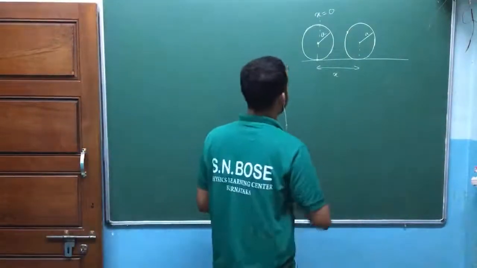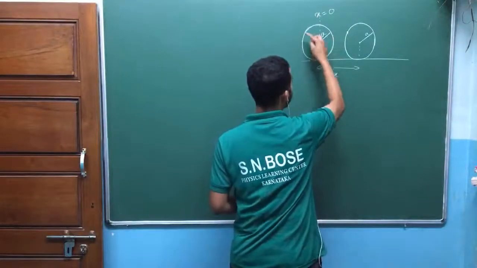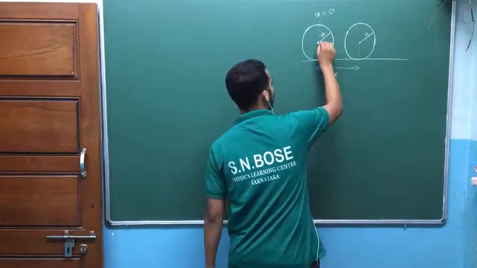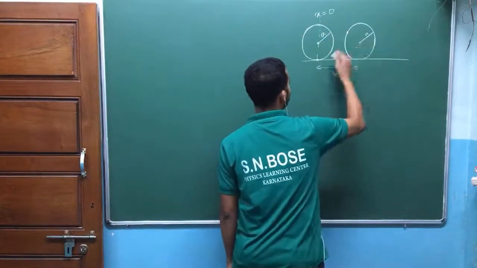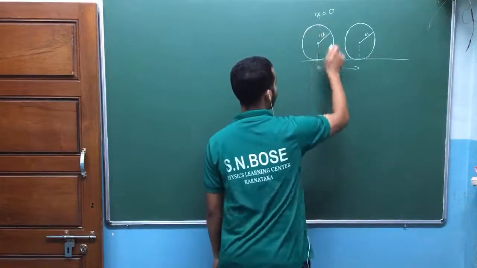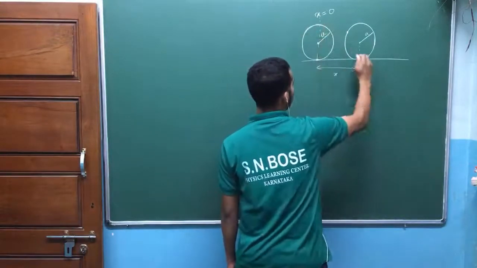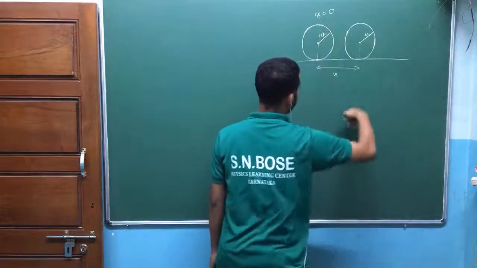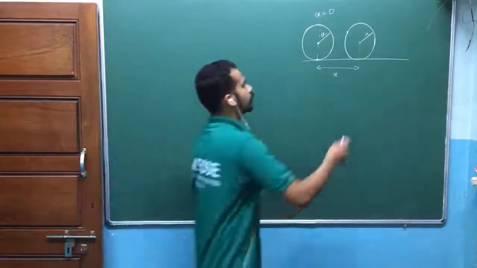Can you imagine that one? When you just roll this one, this point is going to move here. If you are in the center of mass frame of reference, you will feel that this red painted point on your sphere has moved from this point to this point when you are looking vertically downward, isn't it?